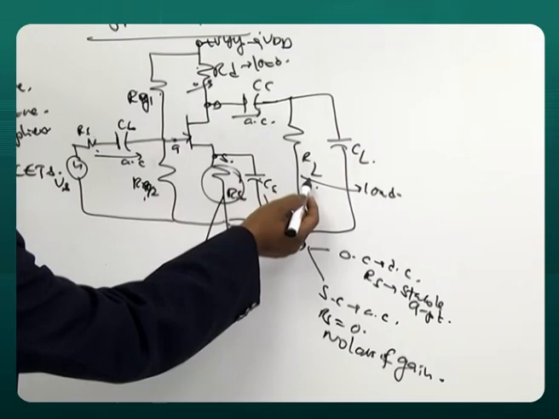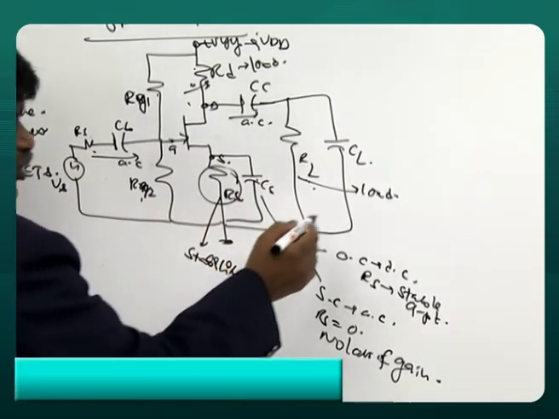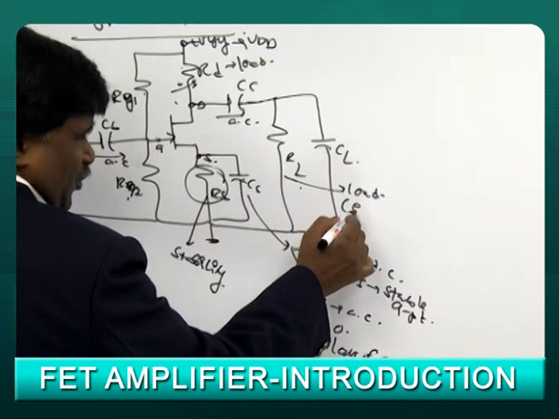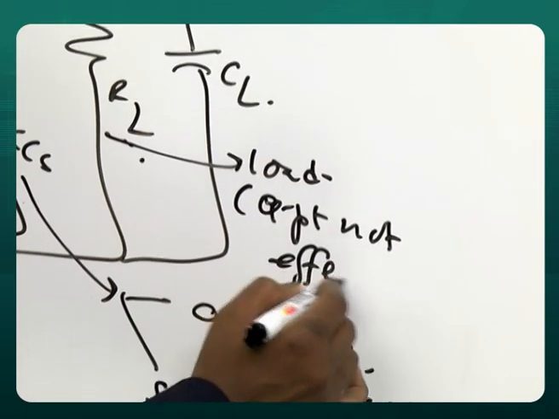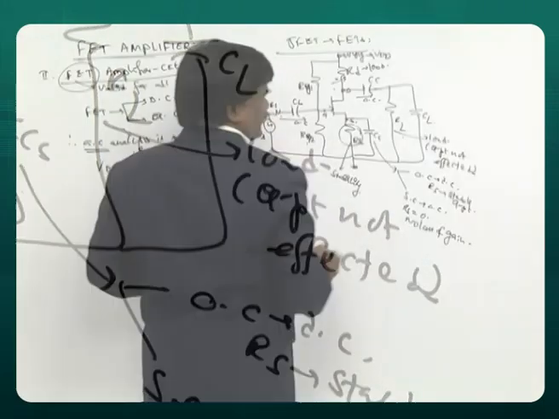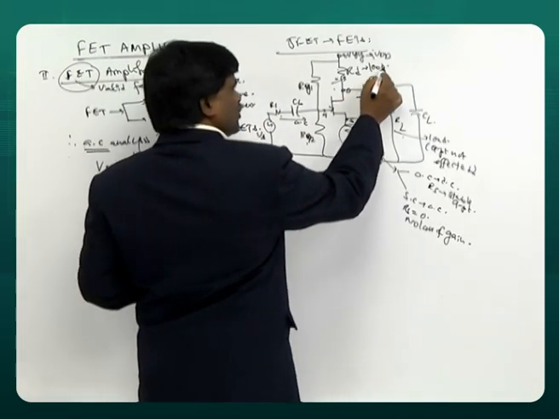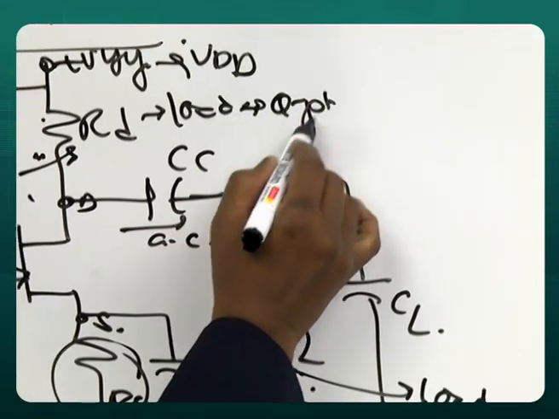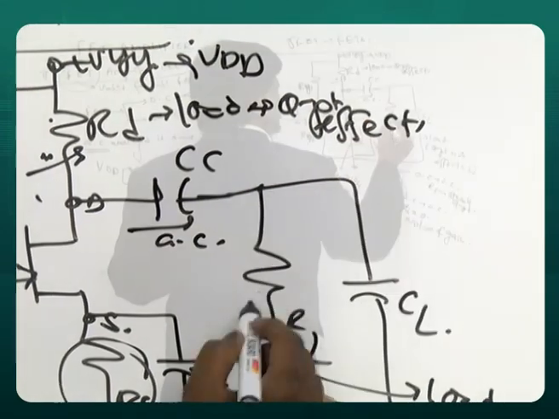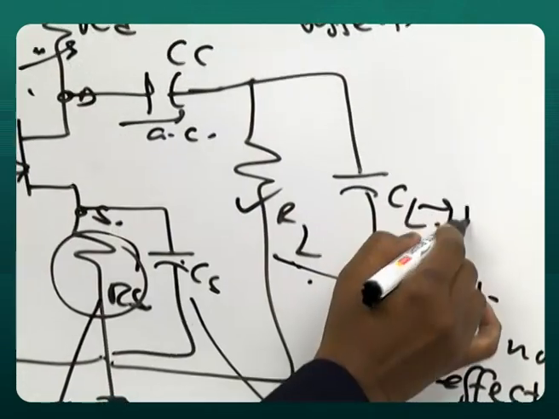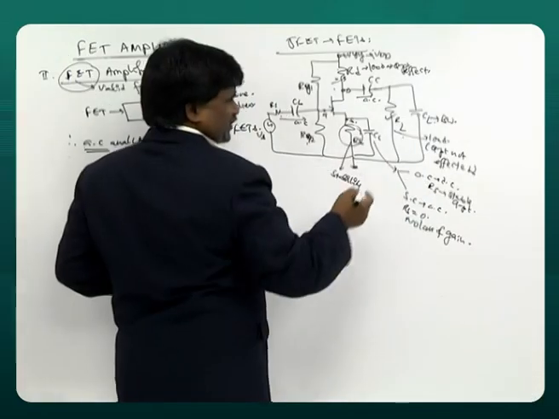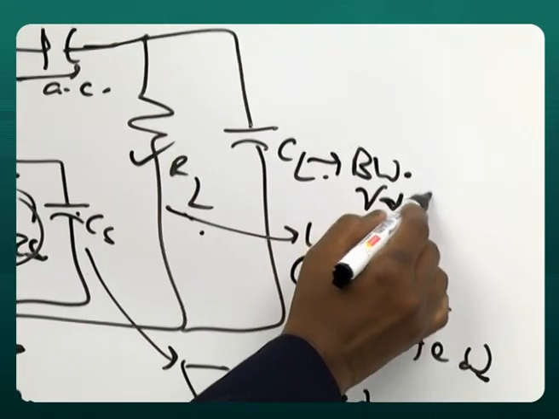But here, if you vary this, the Q point is not affected. So which one is better? This one is better. This is called the load capacitor, for the sake of bandwidth. So bandwidth is variable.